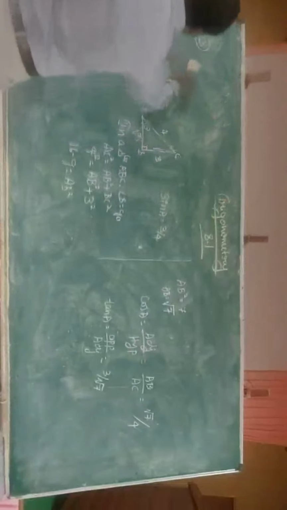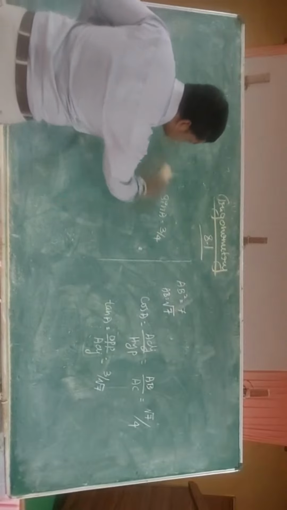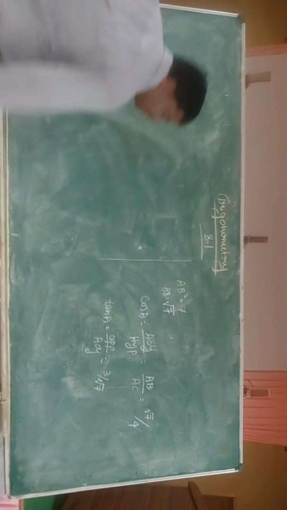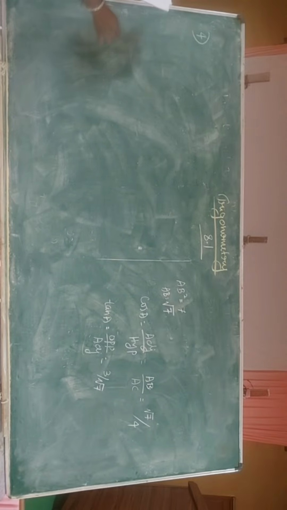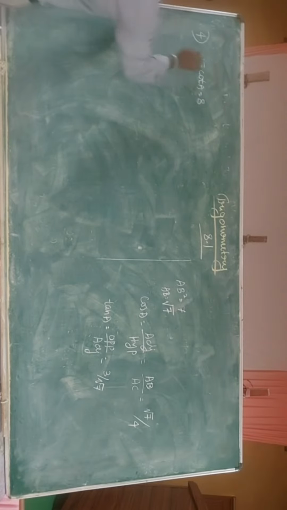Question number 4. Stop writing, look at the board. Given 15 cot A is equal to 8.